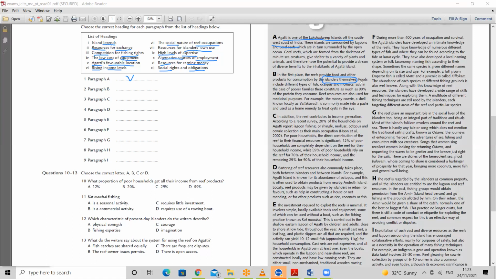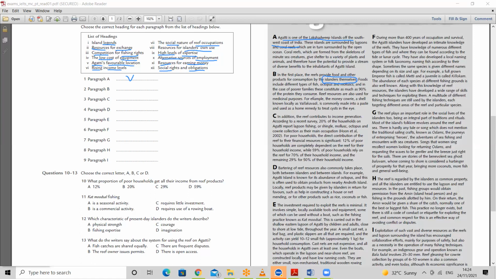Now, if you read the later part, it says food includes different types of fish, octopus, and mollusks. And in the case of poor families, these constitute most of the 90% of the proteins they consume. So you can see that the next sentence is the detail about the food that they produce.